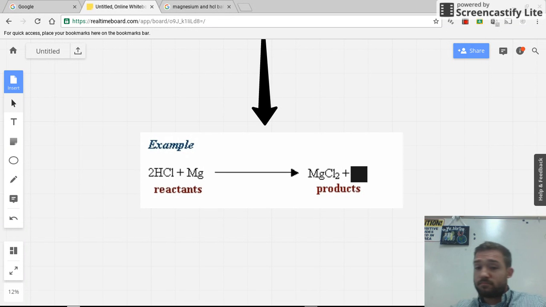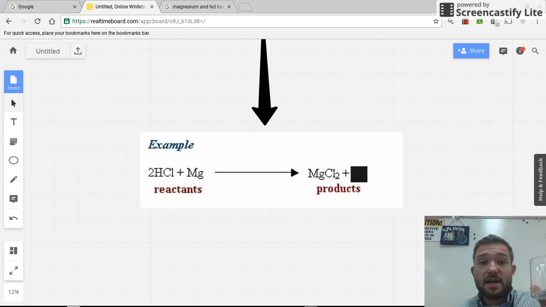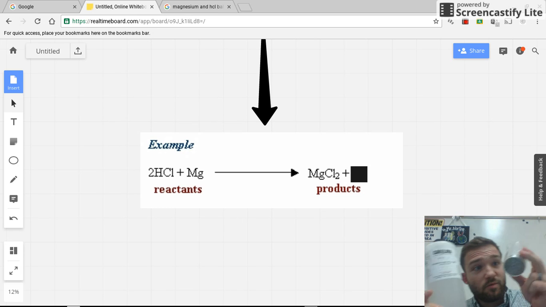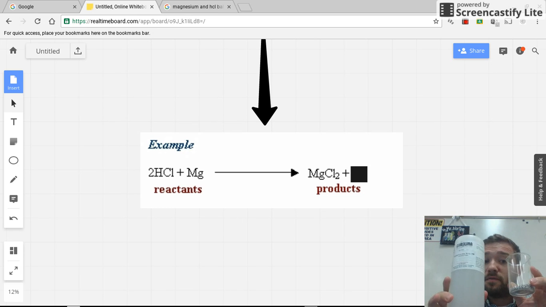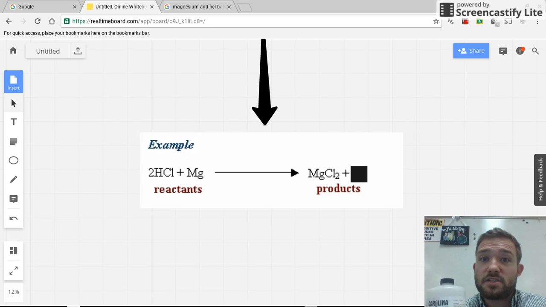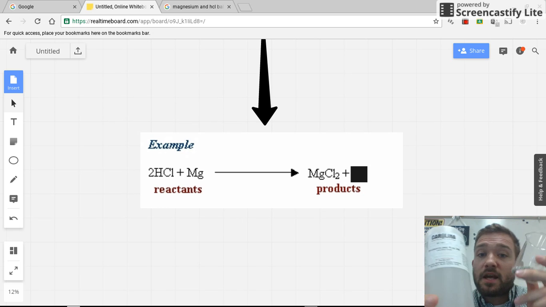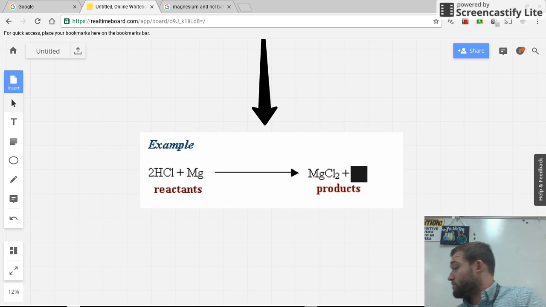And magnesium, this metal right here, if I mix this with this, the atoms in this are going to rearrange and form new molecules out of these things. I'm going to show you, literally.